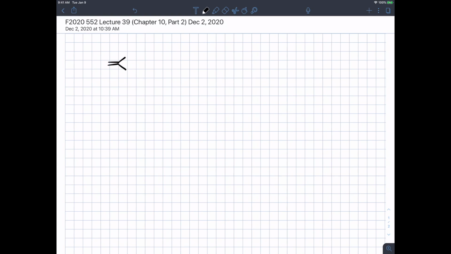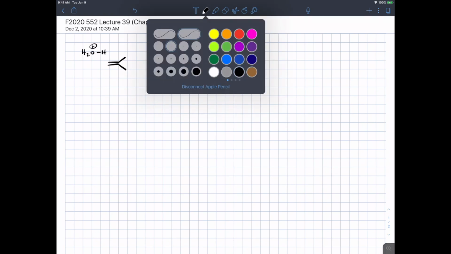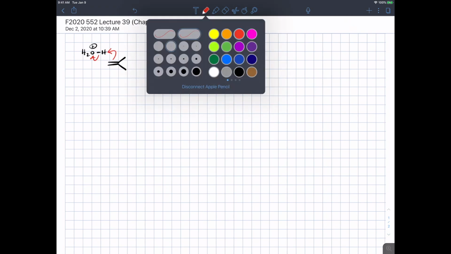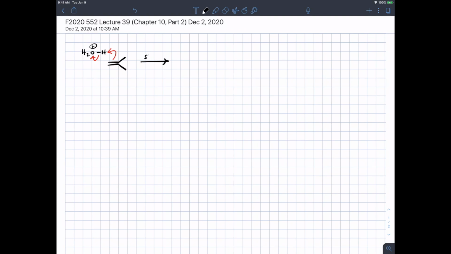So just take this alkene as an example, and then we'll use hydronium as our acid. The slow step is protonation of the alkene. And so in the end, we're going to regenerate our acid. So we would call this a general acid catalysis, because the proton transfer is occurring during the rate determining step.